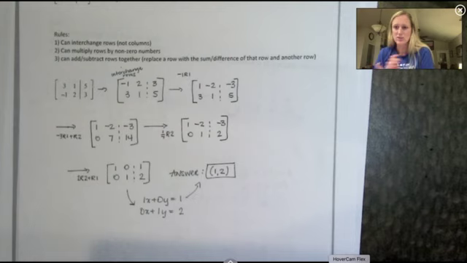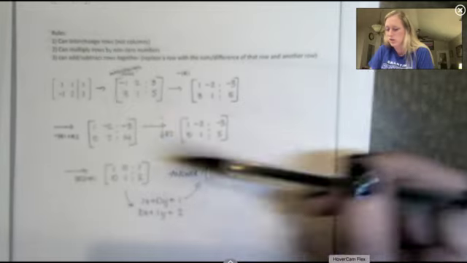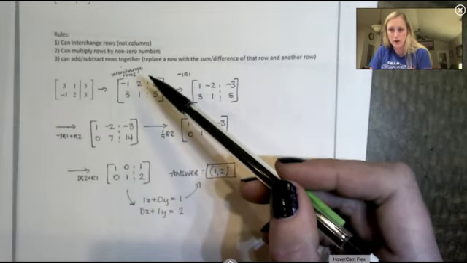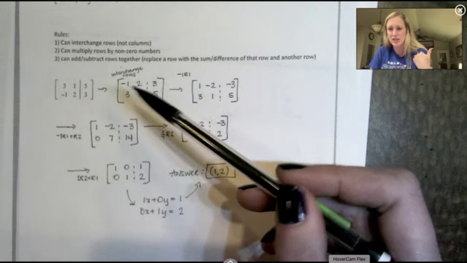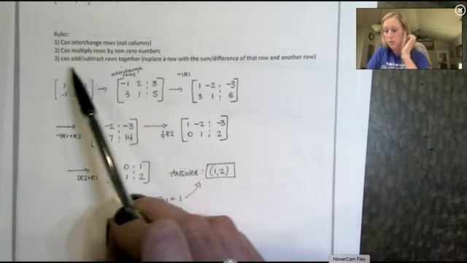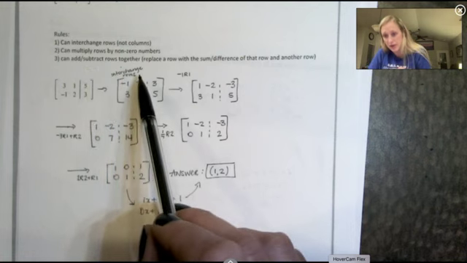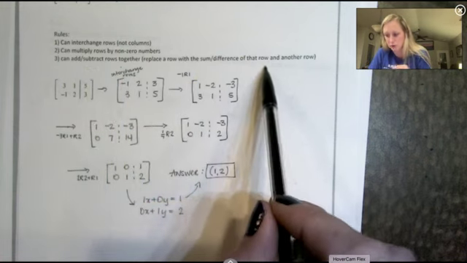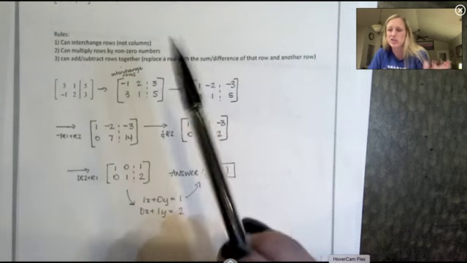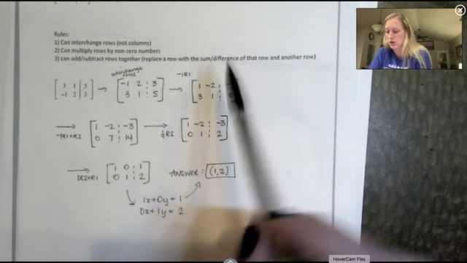So we aren't allowed to switch the coefficients on x, y, and z. We can adjust the rows. We can multiply the rows by any non-zero number. Think about this in the elimination method. We can multiply every row by a certain constant. We can add and subtract rows together to create a new row. Think again, elimination, we are adding. Subtracting is just adding the opposite. So we can also do that.